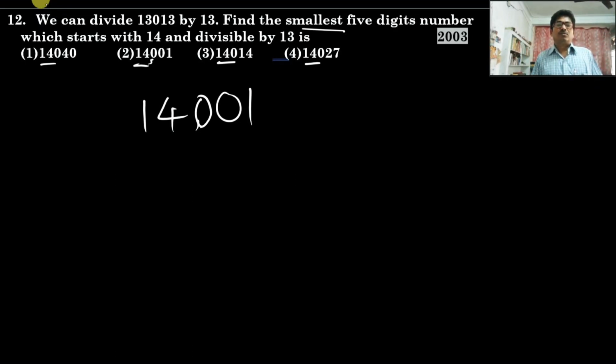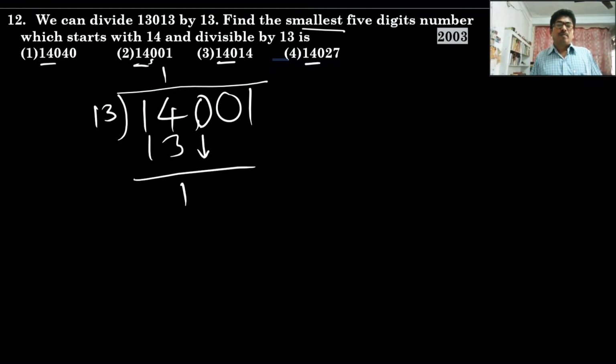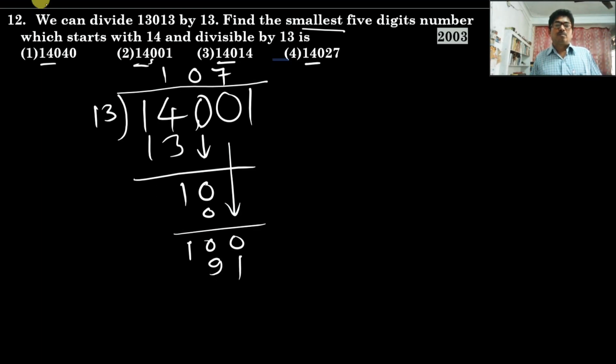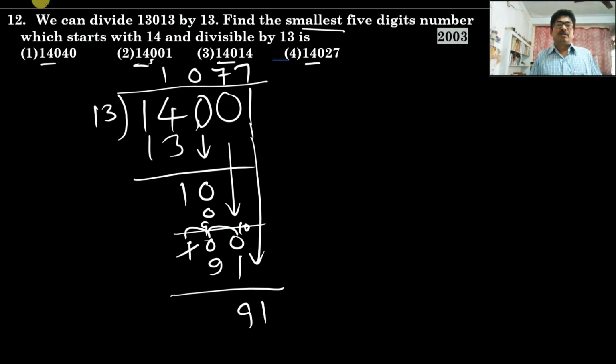So this also starts with 14. We have to check it. This is the smallest. 13 ones are 13, 1, bring down 0, 13 zeros are 0, bring down this 0, 13 sevens are 91, borrow, bring down this 1, 13 sevens are 91, remainder 0.